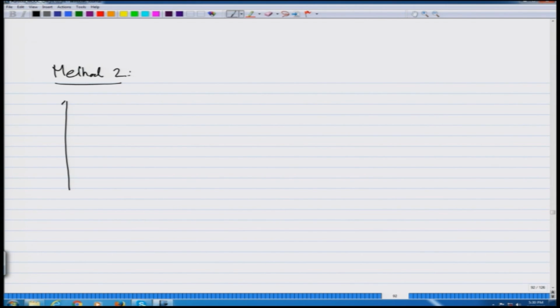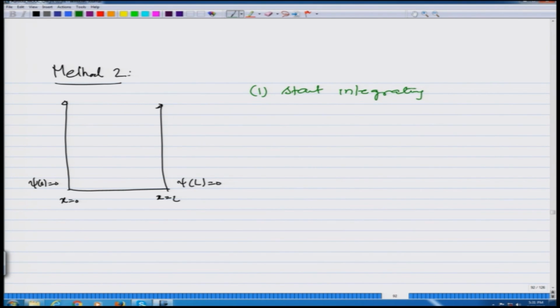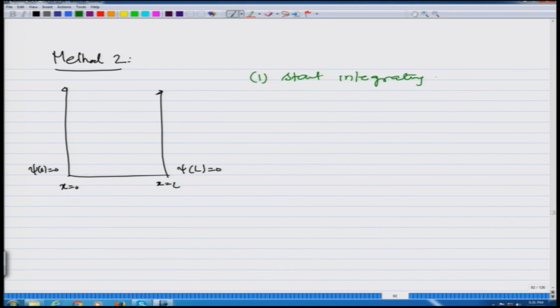In this case again I have psi(0) equals 0, psi(L) equals 0, at x equals 0 and x equals L. Number 1, start integrating, or what I say, building up the solution, from x equals 0 to the right.